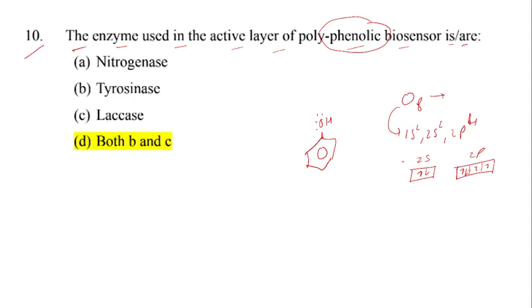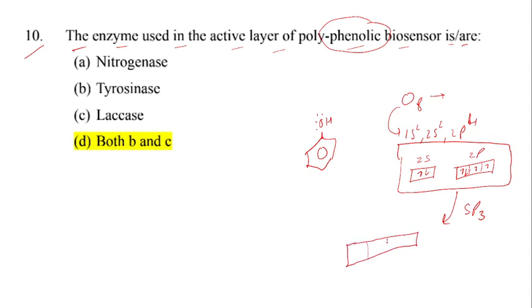This outermost shell will take part in chemical bonding, so it will be hybridized and make sp3 hybridization. So 4 orbitals will be there, all sp3. Out of that, 2 orbitals are already fully filled, and these fully filled orbitals are represented by lone pairs.